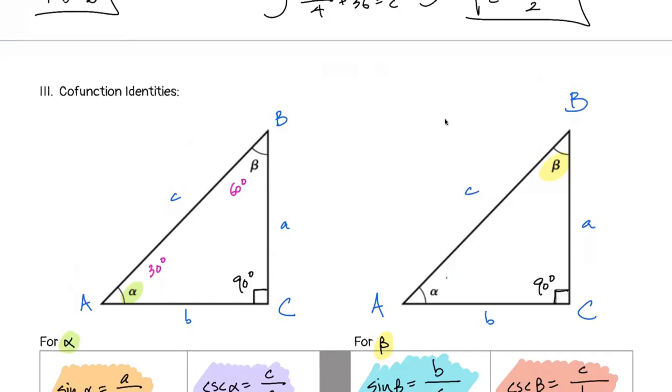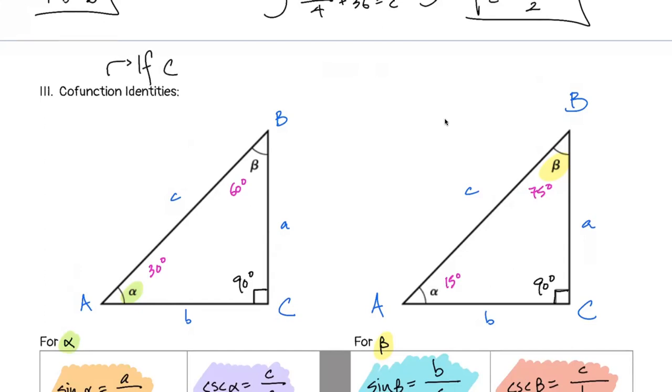What if this is 15 degrees for alpha? How big is beta? 75 degrees, right? Exactly. So here's another pattern that sort of secretly we've been talking about, okay?